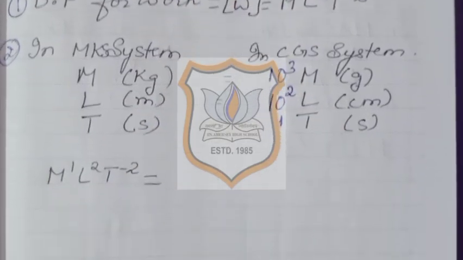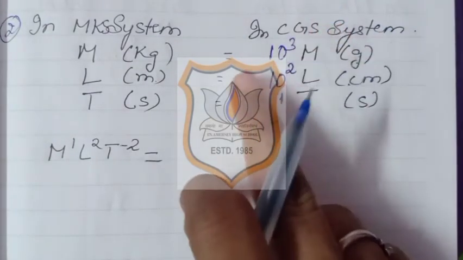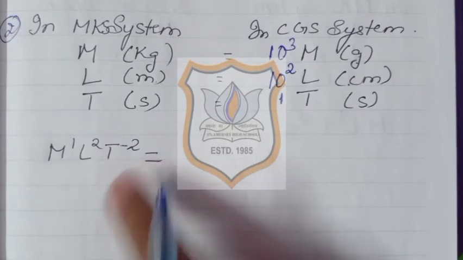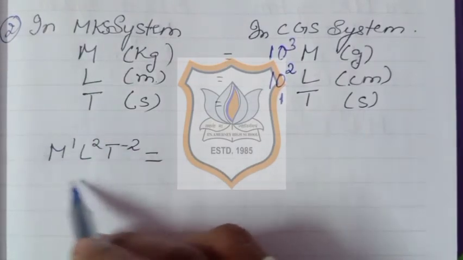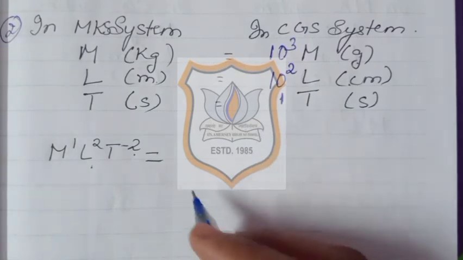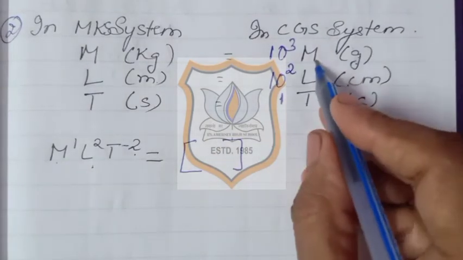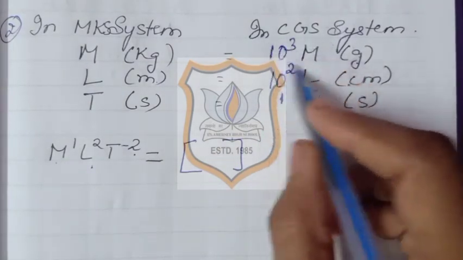The next step, that is the third step, is what? Write the dimensional formula, that is M1L2T minus 2. This we have written in MKS. Now we will convert this into CGS. How we will convert? Now see, 1M when you take in CGS, it becomes 10 raised to 3M.